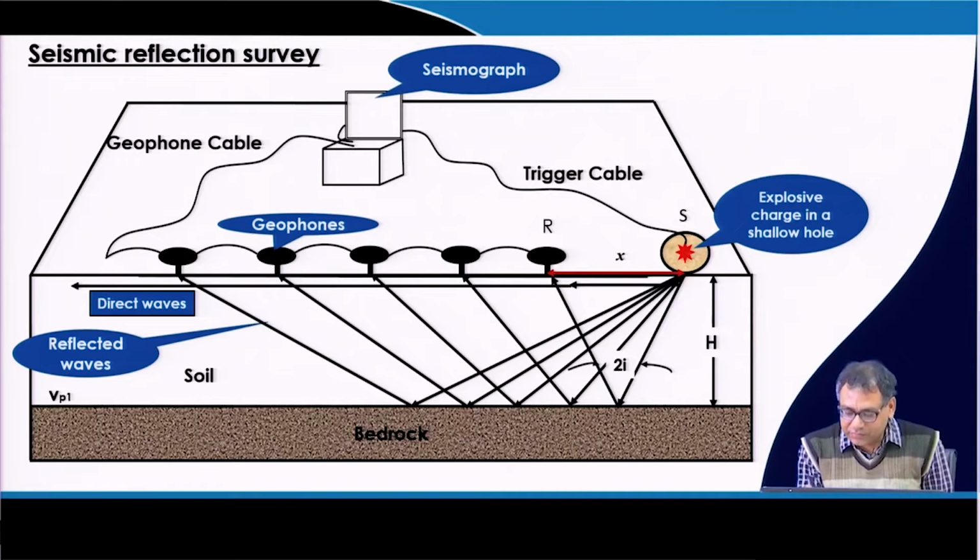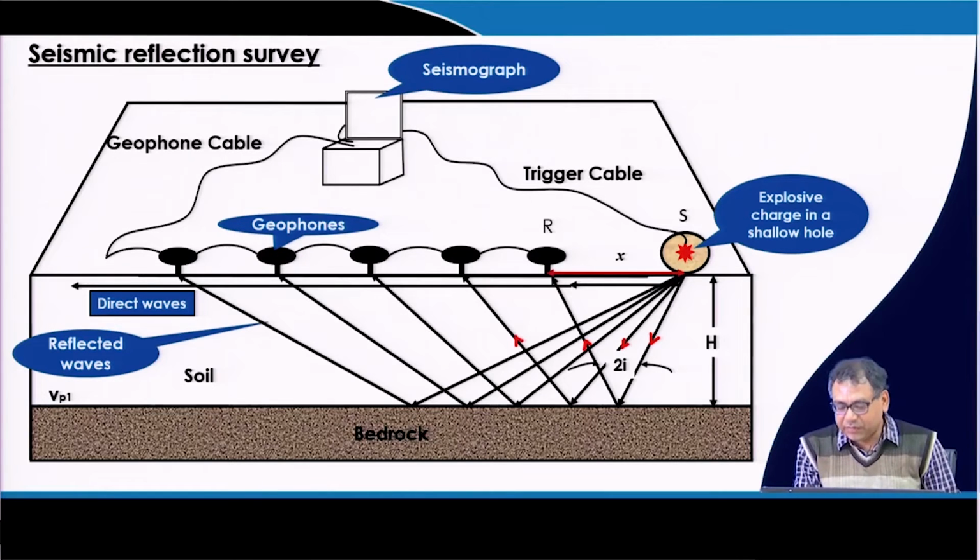That source will create a wave, and this wave will reflect from the interface between two layers or the hard strata, and then it will go back to the receiver. So, from the source it is coming in this direction, then it is moving back. Then also it is coming from this direction, then it is going back.